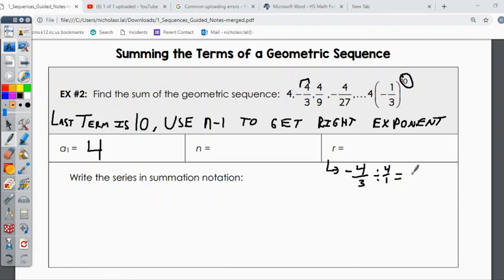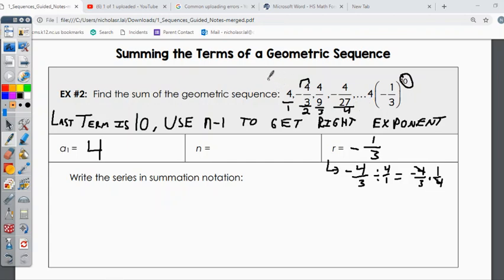That's equal to negative 4/3 times 1/4. So that means r would be equal to negative 1/3. Okay? Because 4 is the first term, negative 4/3 is the second term, 4/9 is the third term, negative 4/27 is the fourth term, and so on and so forth.